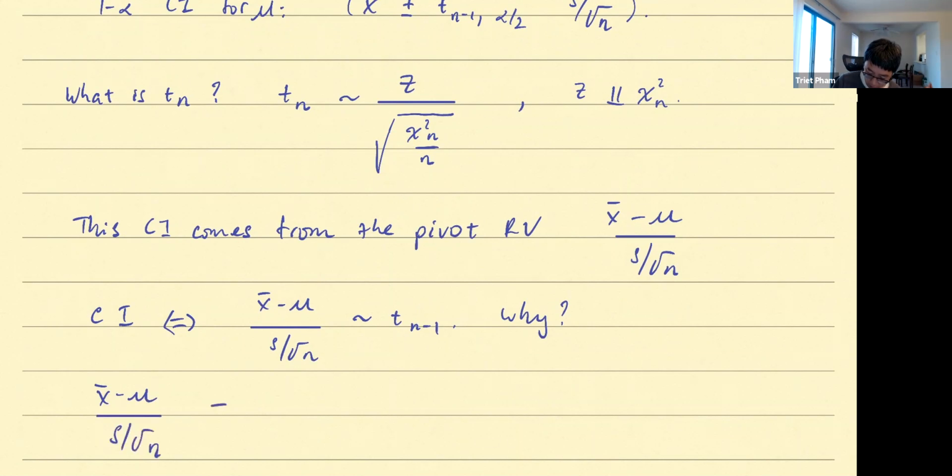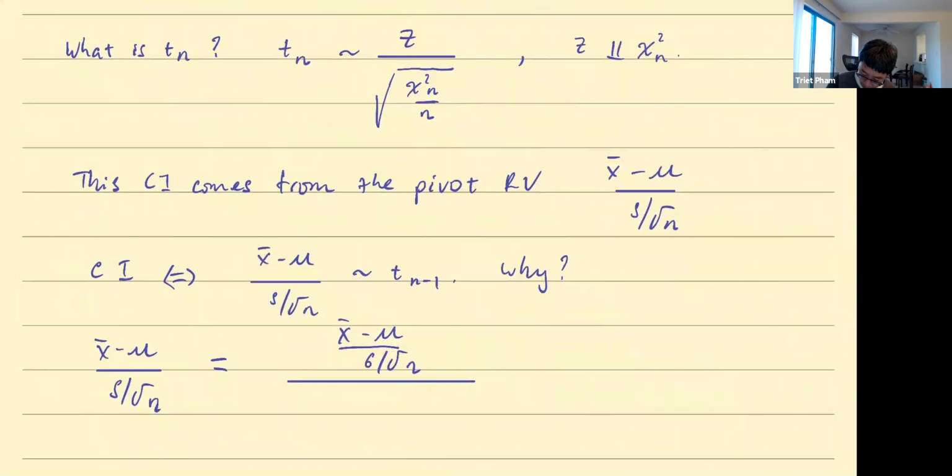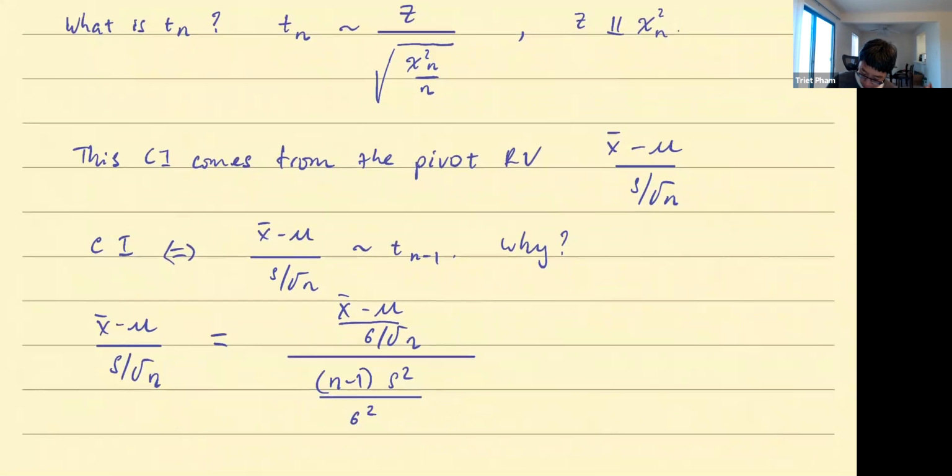In other words, this right here will be equal to this right here divided by the square root of sigma square, n minus 1 s square over sigma square, and then this whole thing divided by n minus 1.